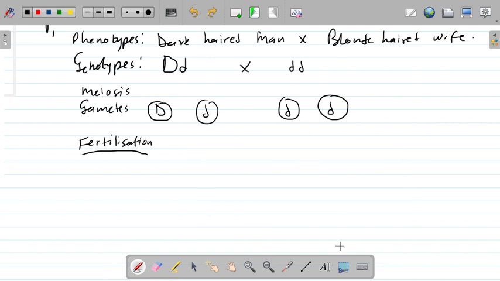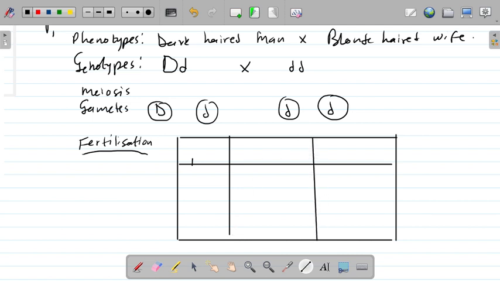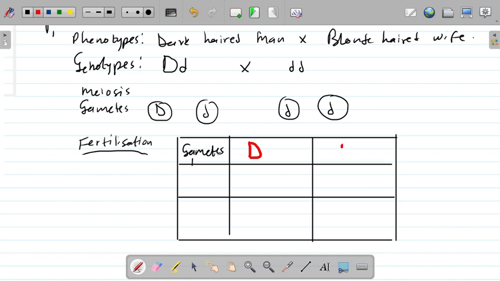Okay, let's make it cleaner. So we're going to have your gametes. The gametes from the male are capital letter D and small letter d, and that of the female are small letter d, small letter d.